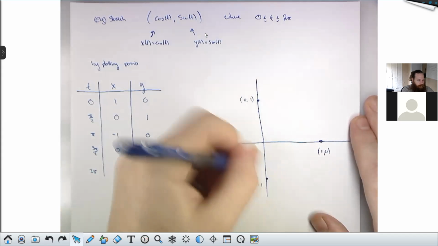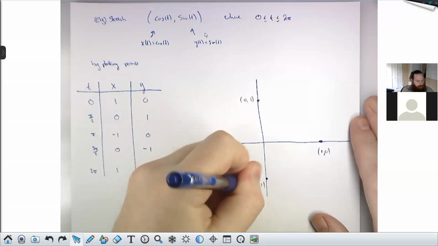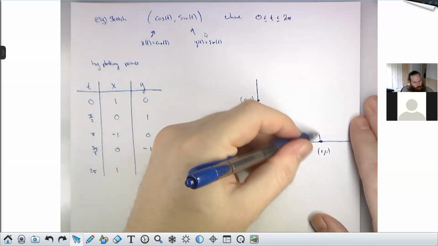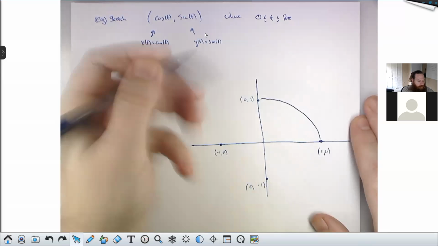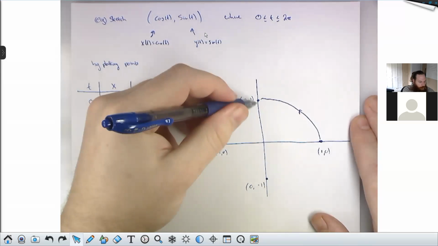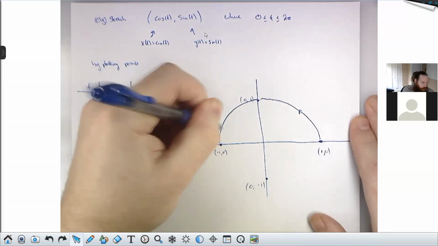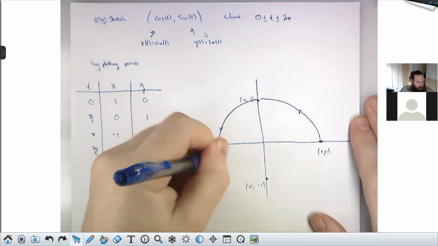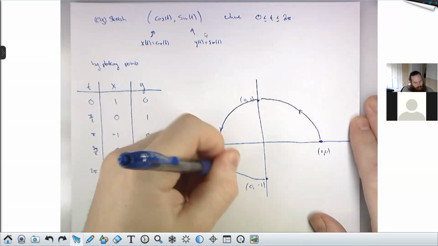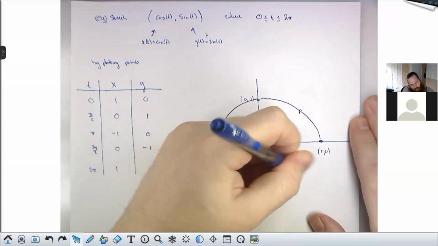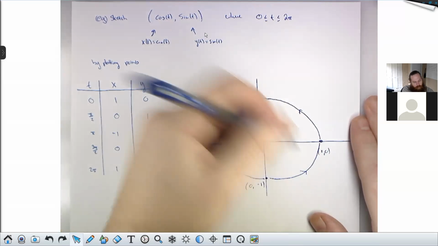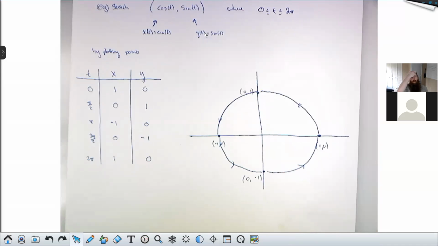And then my next ordered pair after that is 0, negative 1. So I'm going like this, and then, and then, and then, no more than that. Yeah, this is the unit circle.